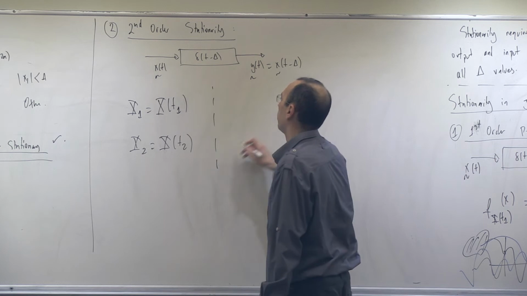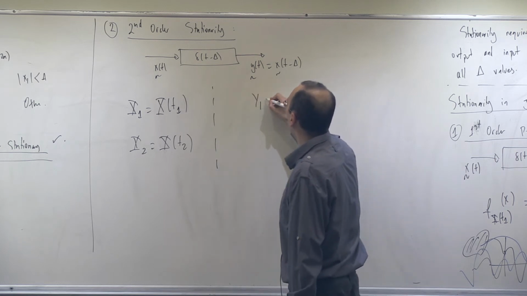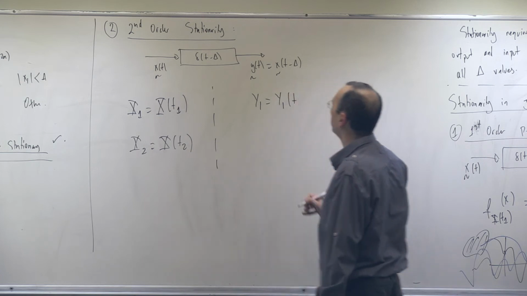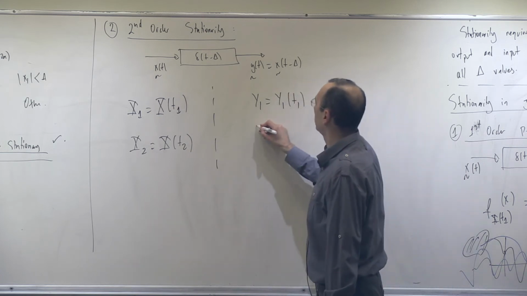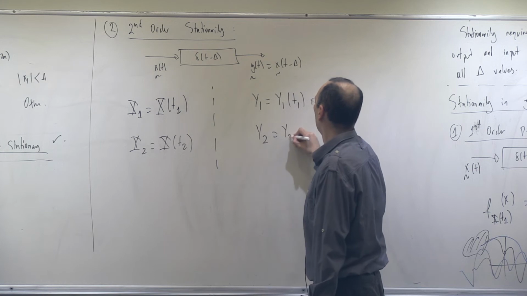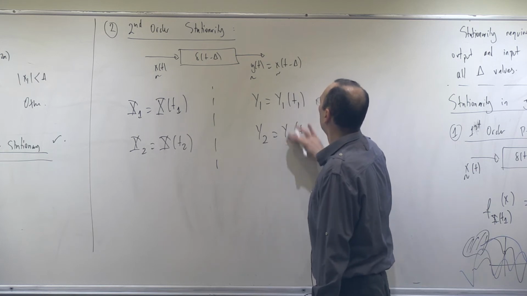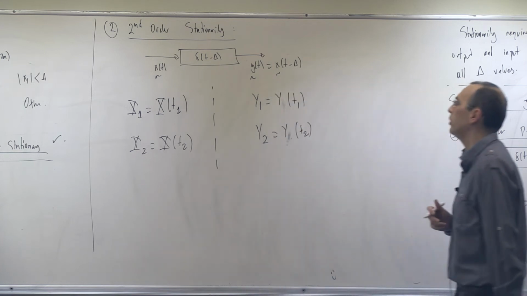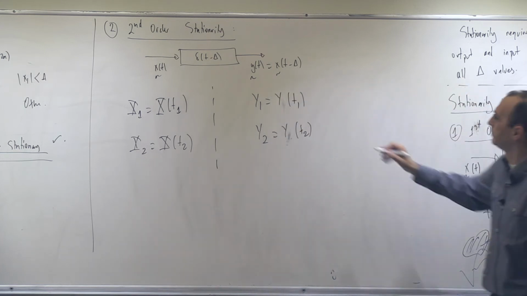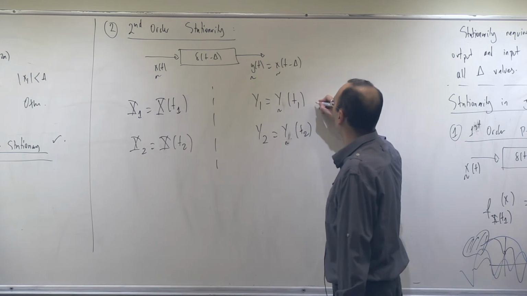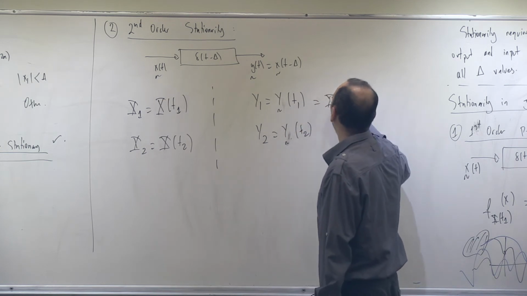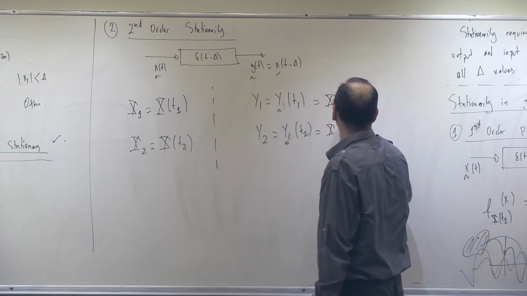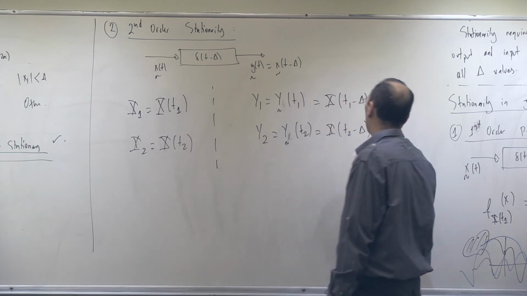This is the input. Now at the output, I have y1, evaluated at t1, and y2, this process evaluated at t2. This is the output random process. But by the definition, I know that this is the input process at t1 minus delta and t2 minus delta.